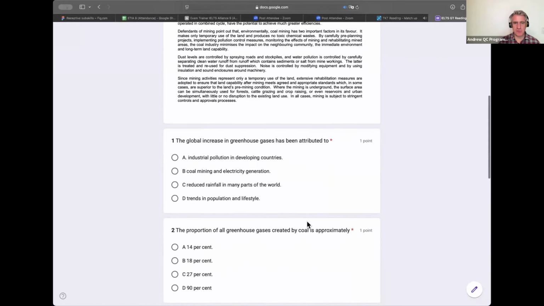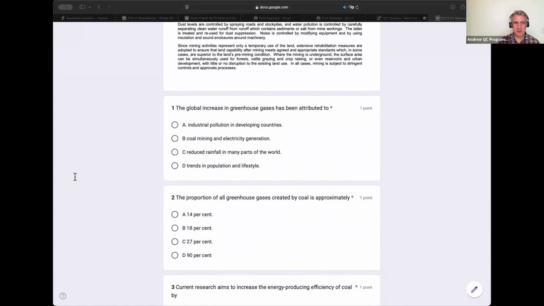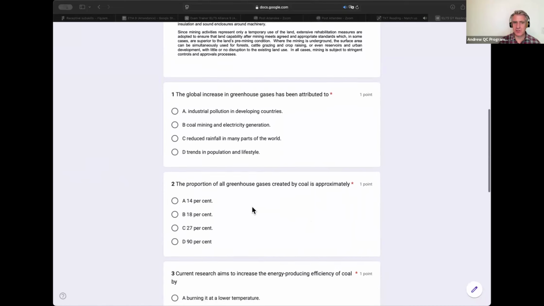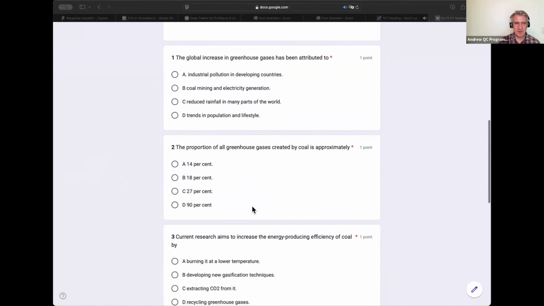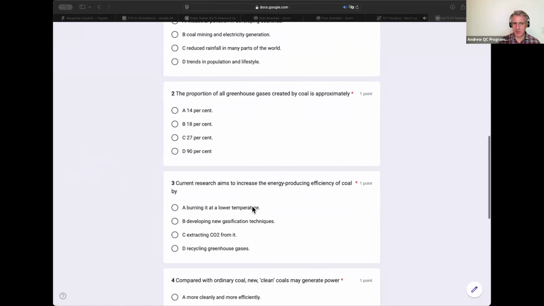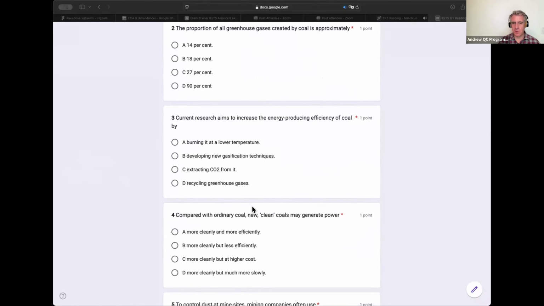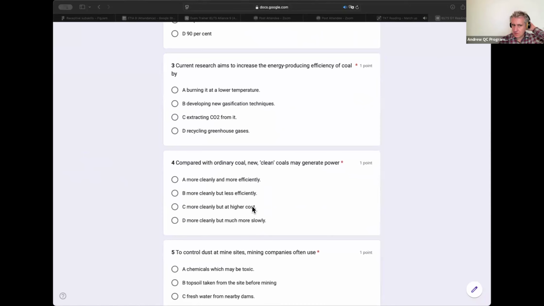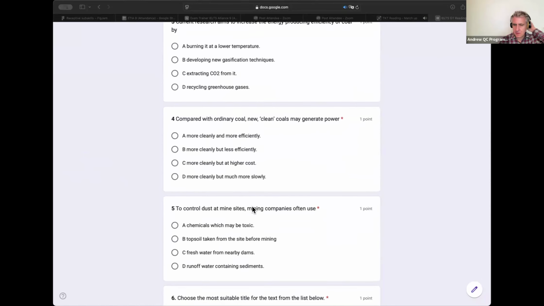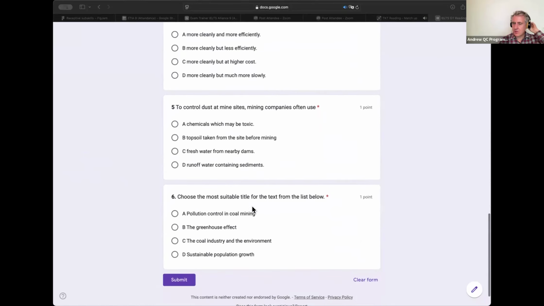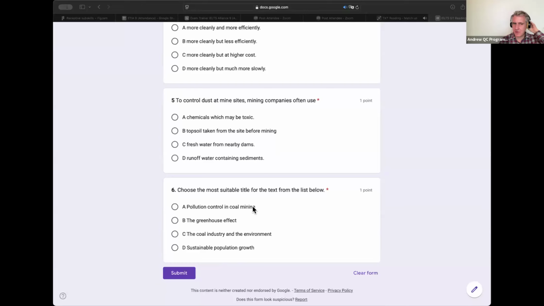So I'd like you to skim read all the question stems quickly. And which question is different and why? Which of these question stems is different from the others?